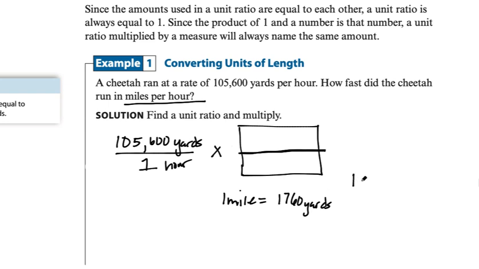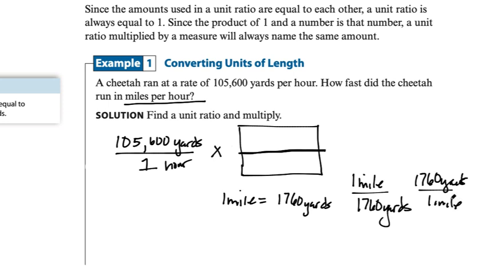So I can either write 1 mile over 1,760 yards, or I could do the reverse. I could write 1,760 yards over 1 mile. And both are fine, except one's going to be right in terms of helping us and the other one's not. So here's how I know.